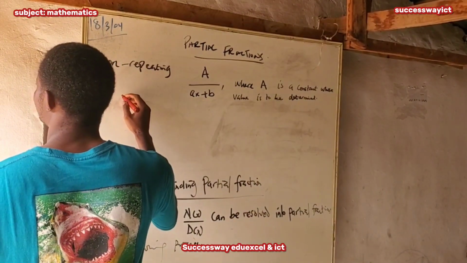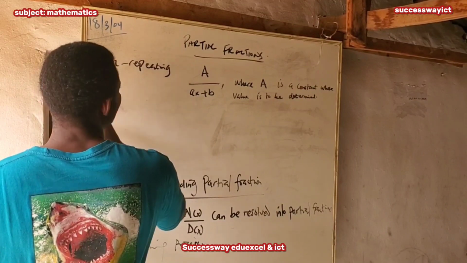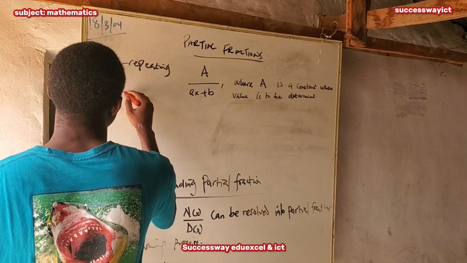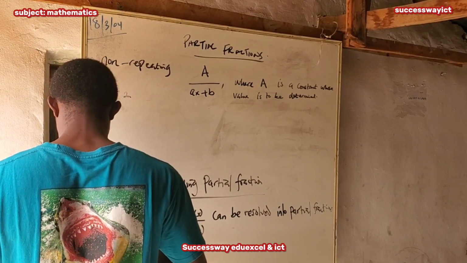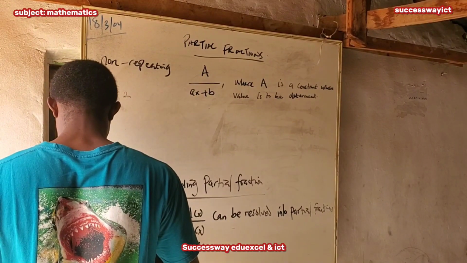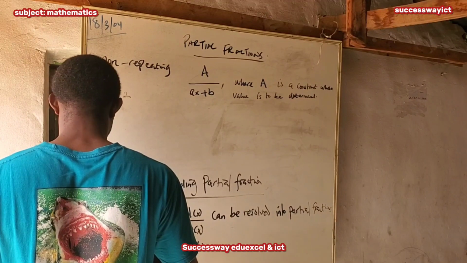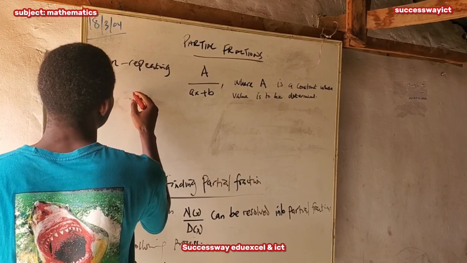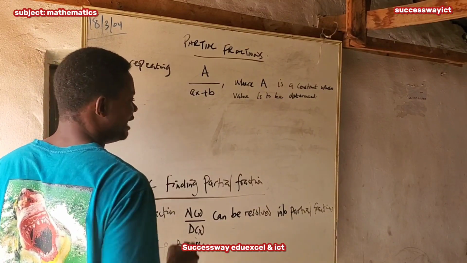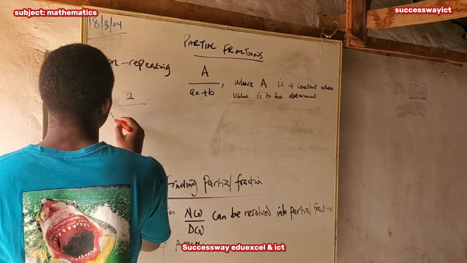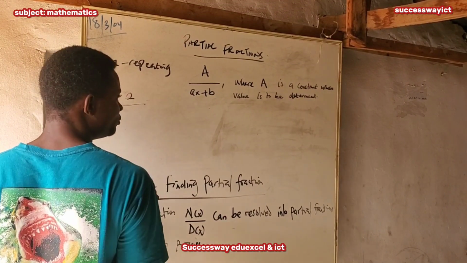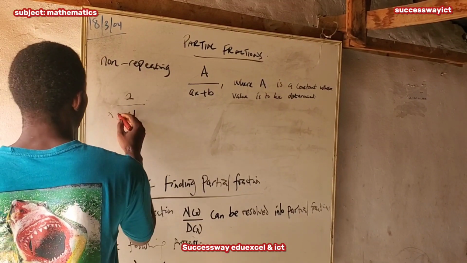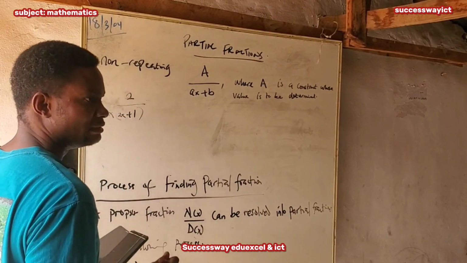Let's say for instance you have 2 divided by x into x plus 1, or let me say 2x plus 1.